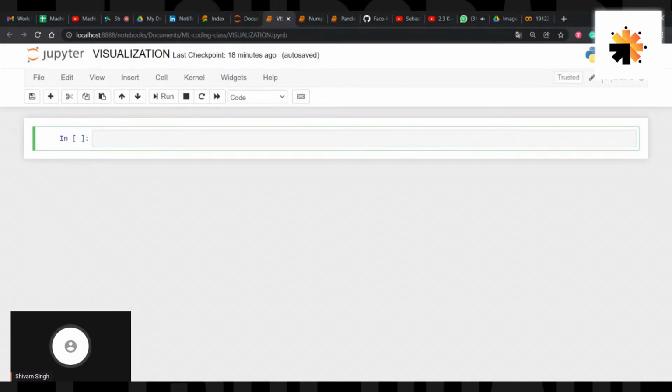Because whenever we have data, as in the last session when I talked about pandas, you saw that I have data in the form of a data frame, in the form of a series. And pandas is used for manipulation.